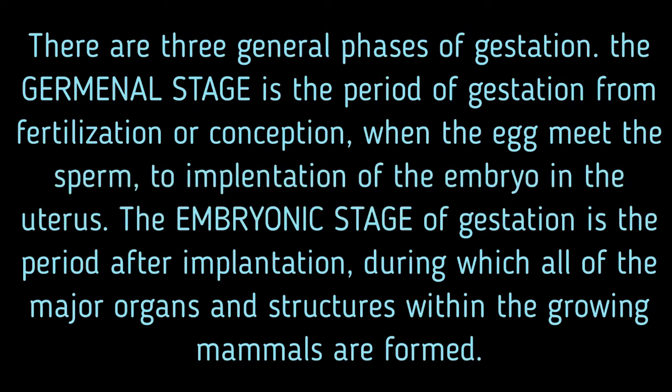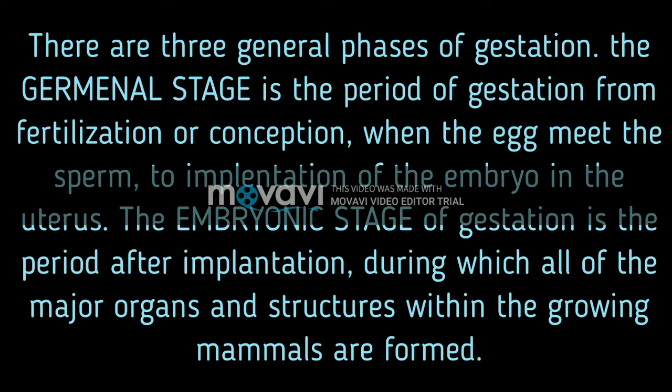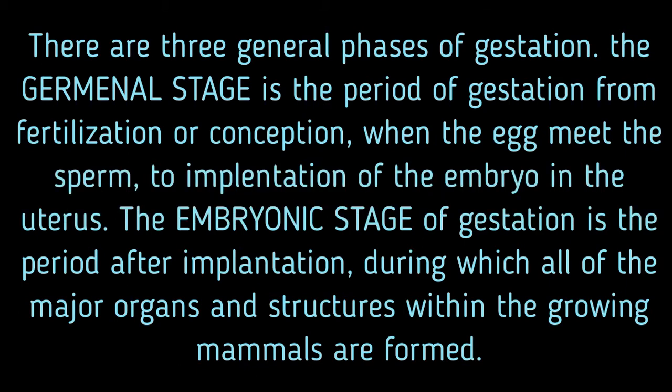There are 3 general phases of gestation. The germinal stage is the period of gestation from fertilization or conception, when the egg meets the sperm, to implantation of the embryo in the uterus. The embryonic stage of gestation is the period after implantation, during which the major organs and structures within the growing mammal are formed.